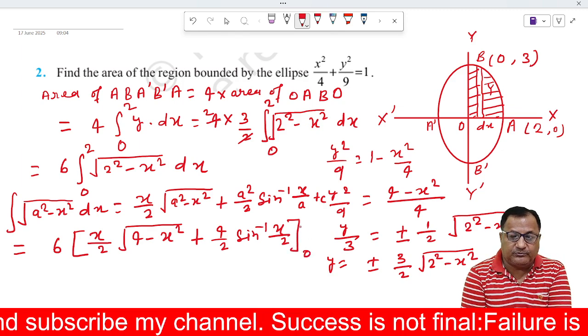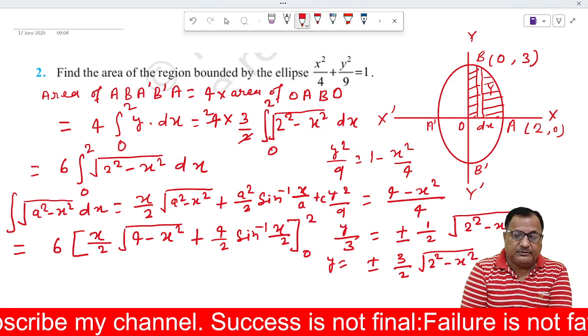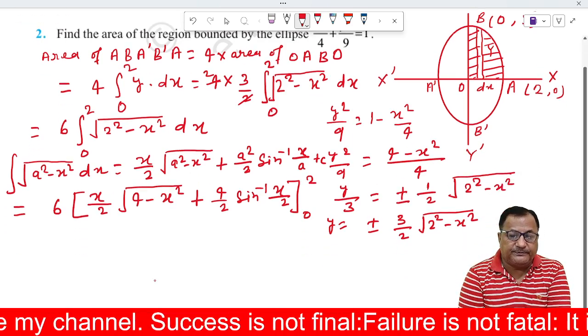The limit is 0 to 2. Now we'll put in the limits.